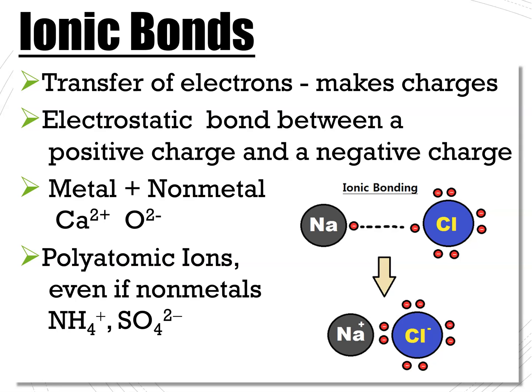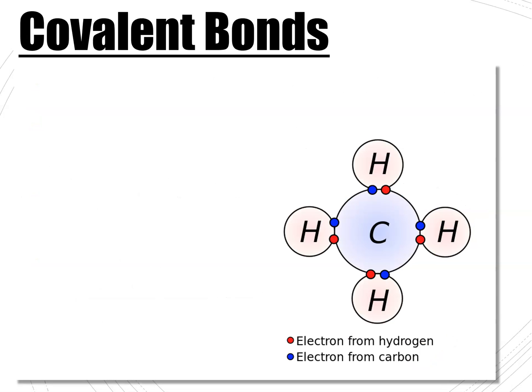Because these are ions, they can form an electrostatic attraction to make an ionic compound. So only if it's a polyatomic ion can you have all nonmetals, but generally speaking, all ionic bonds are metal and nonmetal.